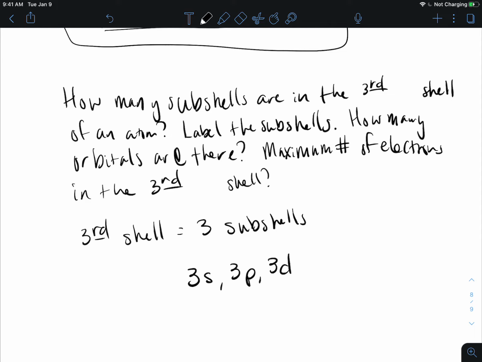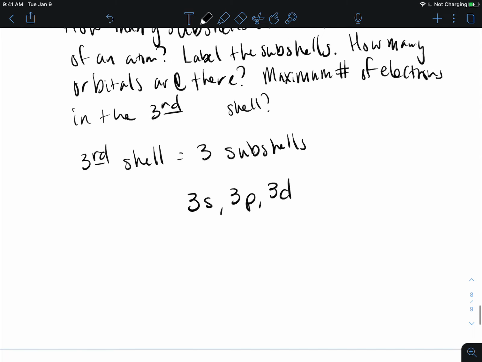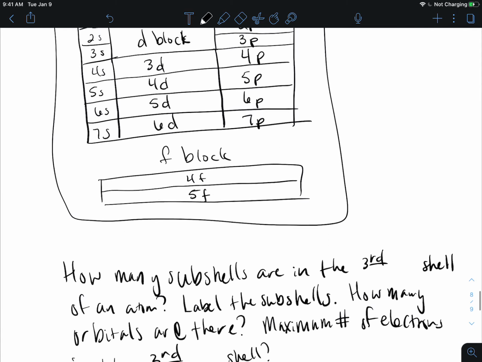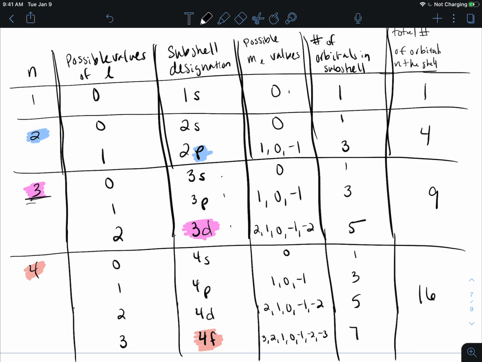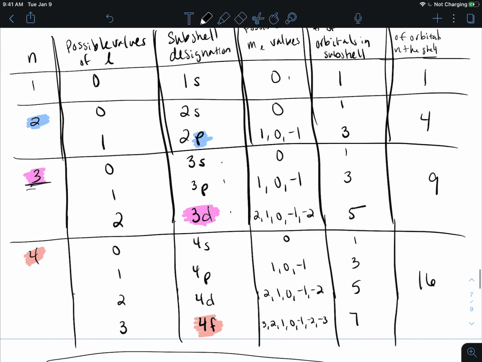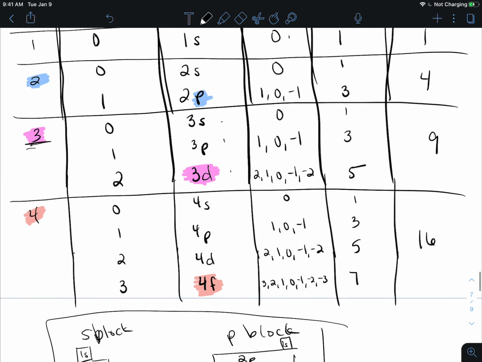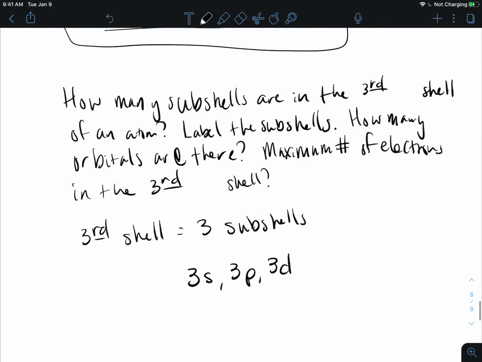It wants to know how many orbitals there are in the third shell. So again, we look up here. We see that in our 3s subshell, there's 1 orbital. In our 3p, there's 3. In our 3d, there's 5, giving us a total of 9 orbitals.